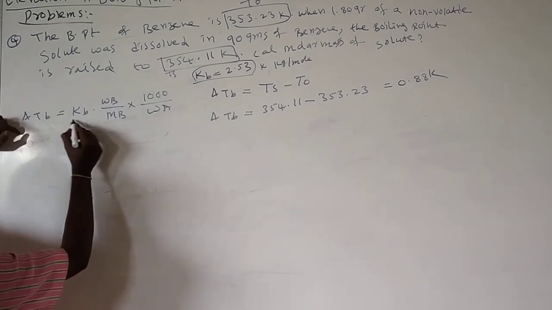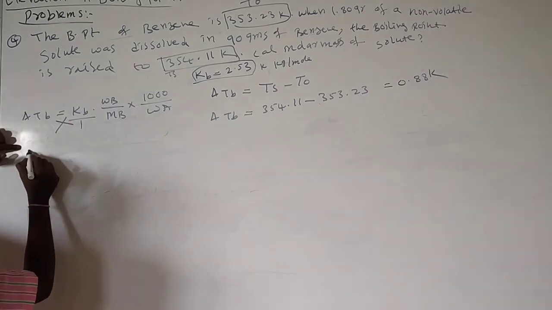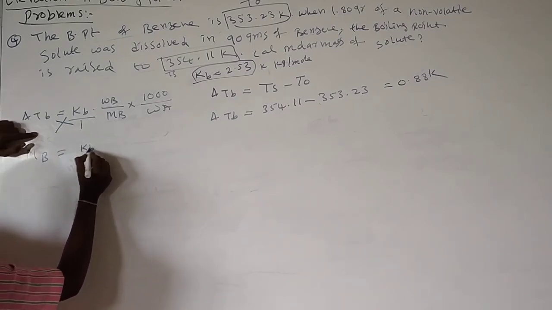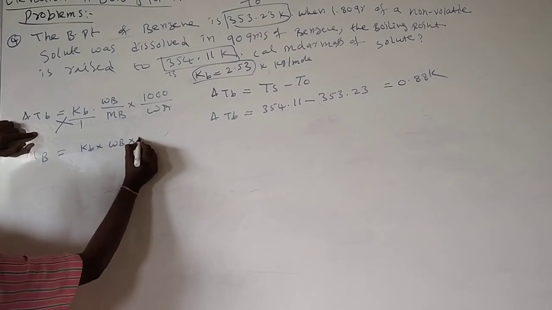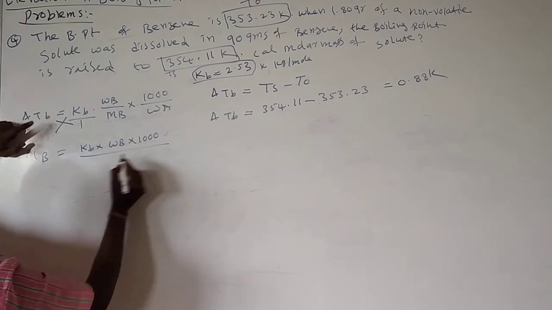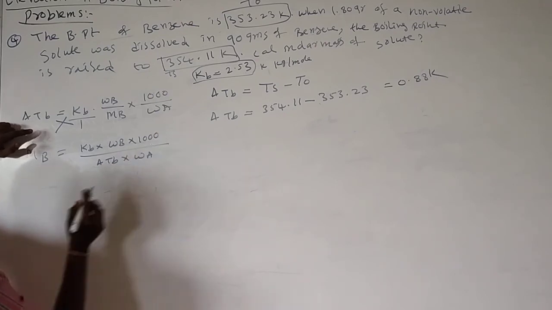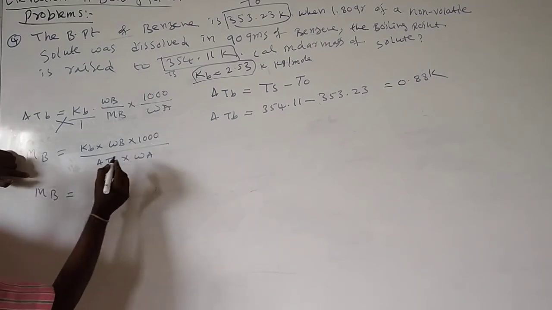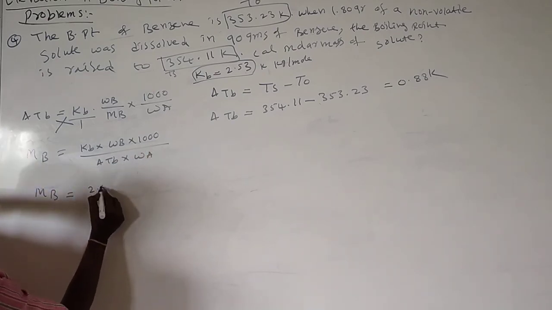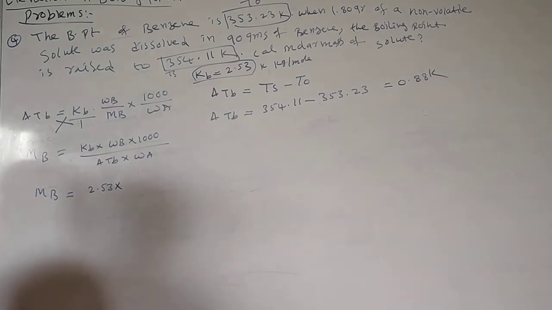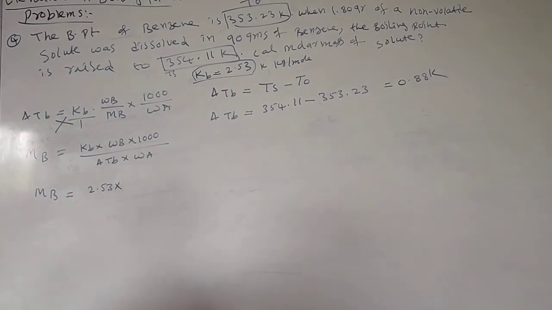Otherwise you can cross multiply: MB is equal to Kb into WB into 1000 by ΔTb into WA. Kb is 2.53, into WB. WB means weight of solute. Here 1.8 grams of non-volatile solute, that is WB.